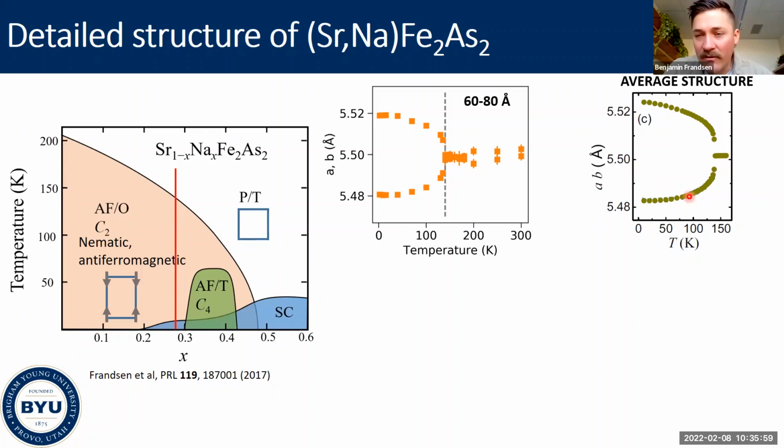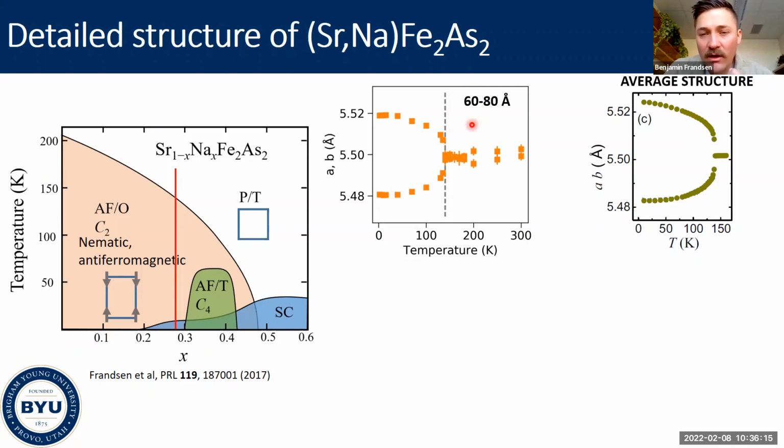Exactly like we're seeing with the average structure. So on the length scale of 60 to 80 angstroms, there's no real difference between the structure probed by PDF and the average structure probed by Bragg peak analysis, okay, Rietveld refinement.